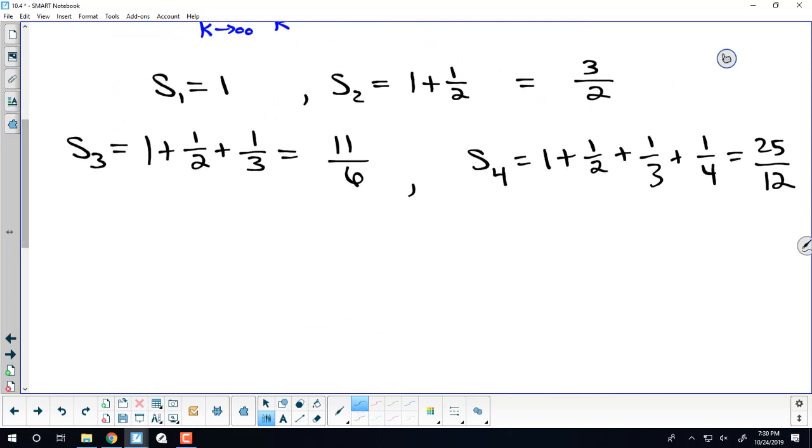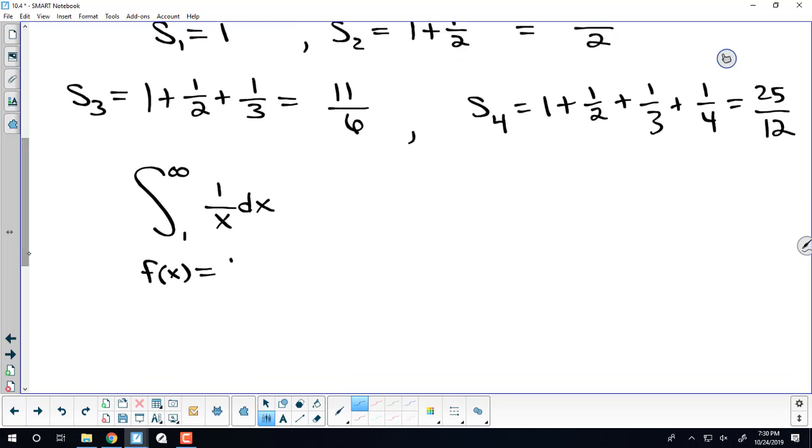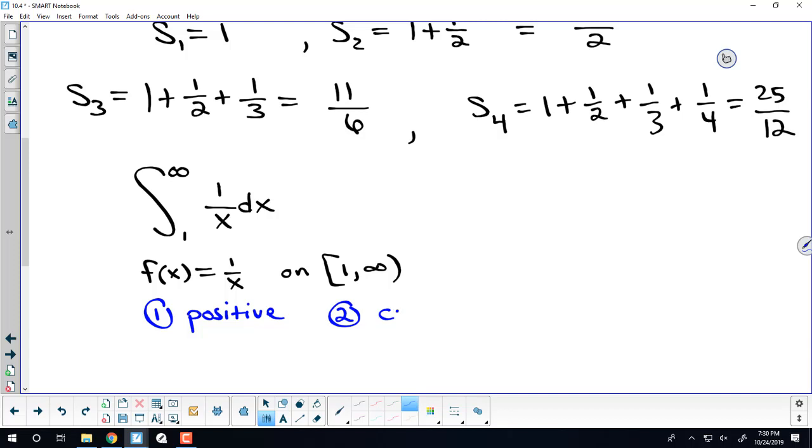But if we looked at the integral from 1 to infinity of 1 over x dx, and here we're just talking about this function on this interval, clearly it's positive on that interval. Continuous on that interval, yeah, because x is not equal to 0.